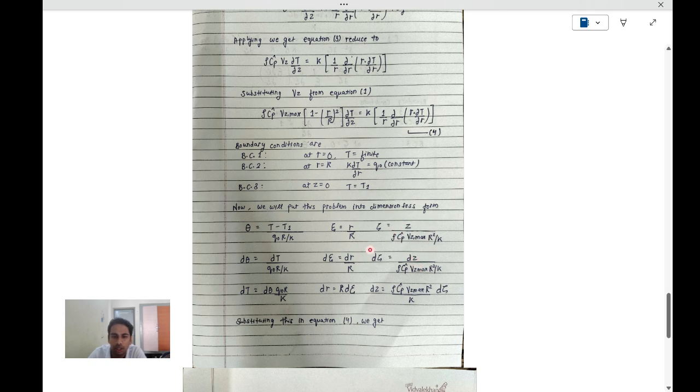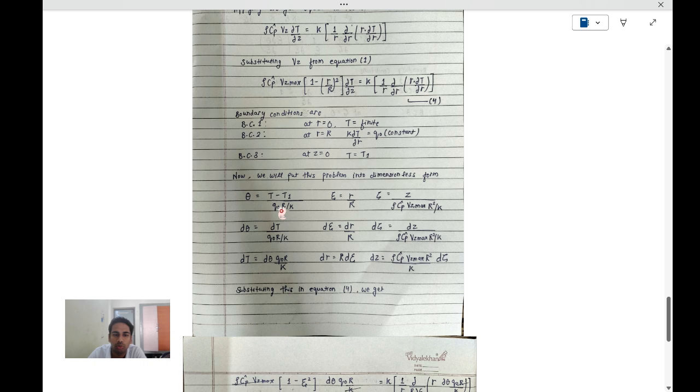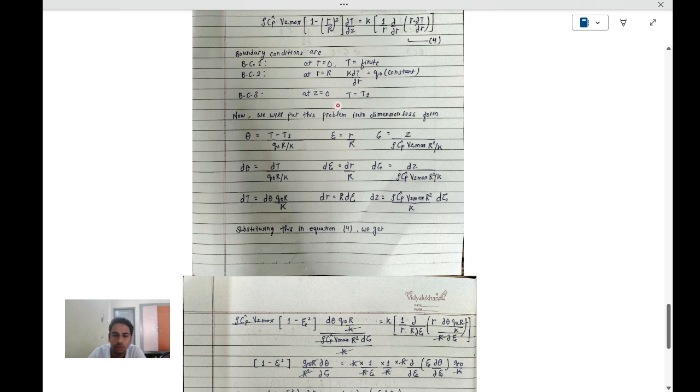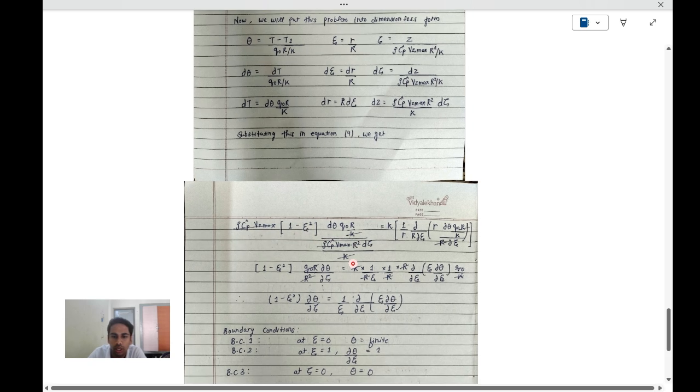Now, to substitute these differential parameters into equation number 4, we need to differentiate this with respect to theta and dt and substitute into equation number 4. By performing this calculation and substituting in equation number 4, we get this particular equation: rho Cp Vz max 1 minus xi square into d theta q naught r upon k into rho Cp Vz max r square by k d zeta is equal to k into 1 by r del upon del r into small r into del theta q naught r by k upon del r.